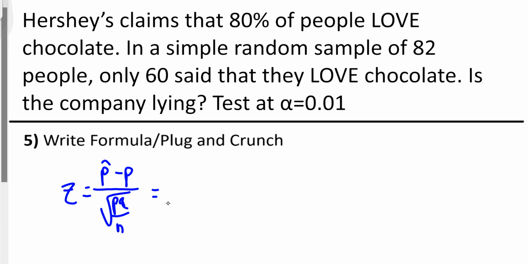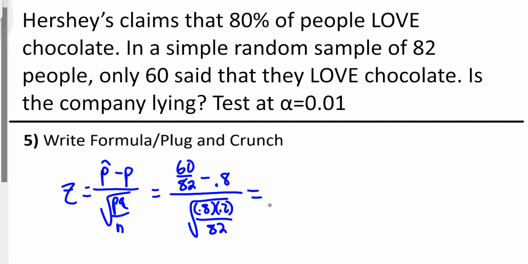And in this case, it will be 60 over 82. That is our p hat, minus 0.8, divided by the square root of 0.8 times 0.2 divided by n, which is 82. Crunch the numbers in your calculator, you get a z-score of negative 1.546. Now, how do we get our p-value from that? It's technically step 6, get your p-value.